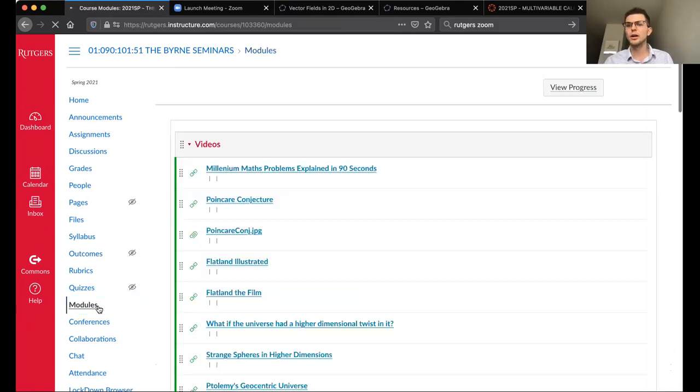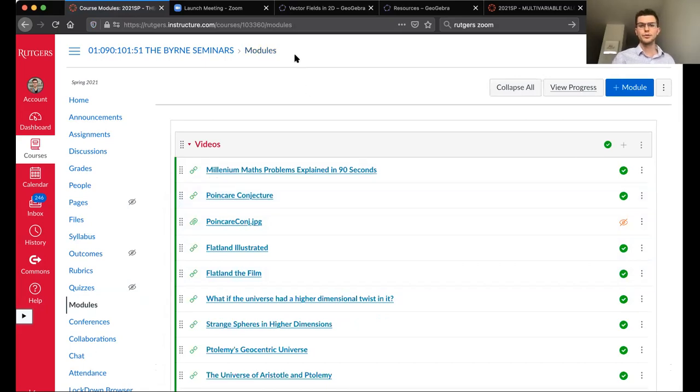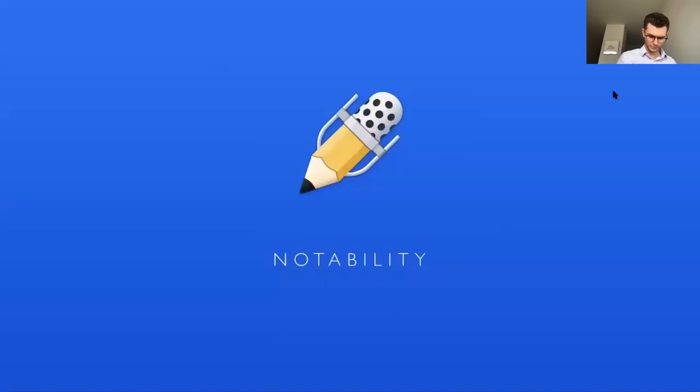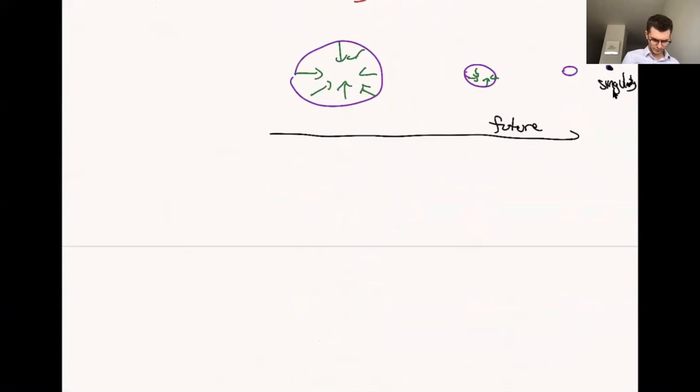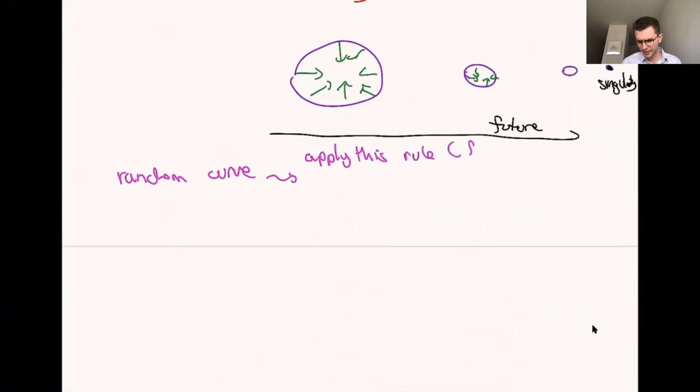Okay. So the point of these examples is for you to see that if you start with a random curve, as you apply this rule, or strictly speaking, as you apply the flow, the curve tries to become a circle, and then from the circle, it will try to collapse, right?